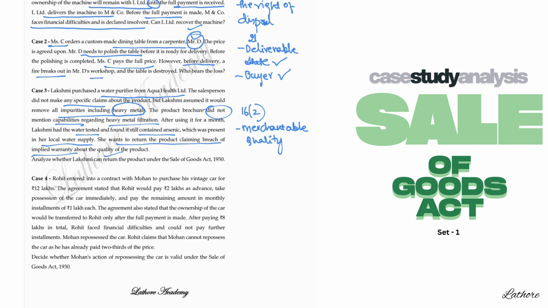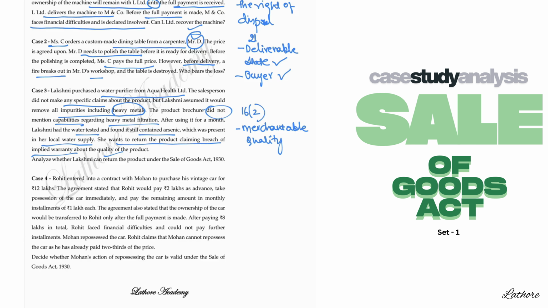However, the seller cannot be made liable if the goods purchased are for a particular purpose and it is not mentioned by the buyer to the seller. No doubt, there is the implied condition that the goods shall be reasonably fit for such purpose. So it has to be reasonably fit for the purpose which it is meant for. If, however, the specific purpose is not mentioned by the buyer, then the seller will not be liable.